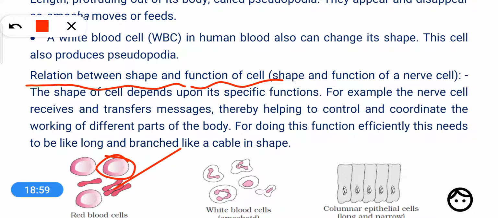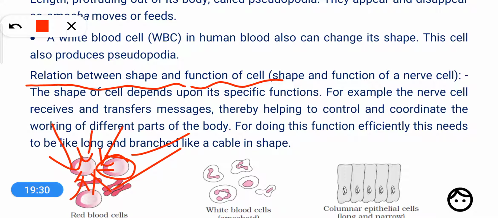So RBCs are disc-shaped. Why do they have this shape? Because they have to perform a very special function, the transport of oxygen inside the body. In order to transport oxygen, they need a larger surface area so that more oxygen can bind. So in order to increase the surface area, the cell becomes disc-like.